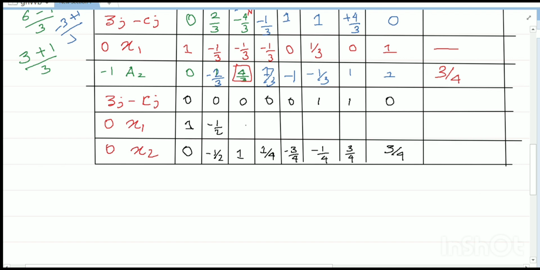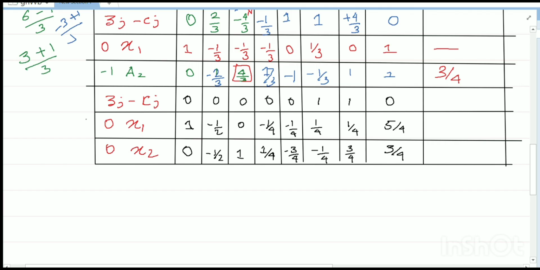How to do it simply? Just create a square and find the matrix determinant. So 0 and minus 1 by 4, minus 1 by 4, 1 by 4, and 1 by 4. Okay, so this value is 5 by 4.